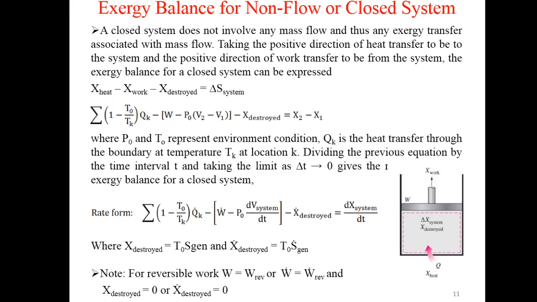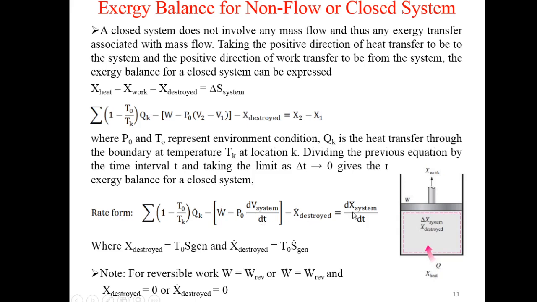Dividing the previous equation by the time interval and taking the limit gives the exergy balance for a closed system in this way. You can see this is in terms of rate. We have replaced Qk with the rate of heat, W with the rate of work, this is the change in volume of the system with respect to time, minus the rate of exergy destroyed.